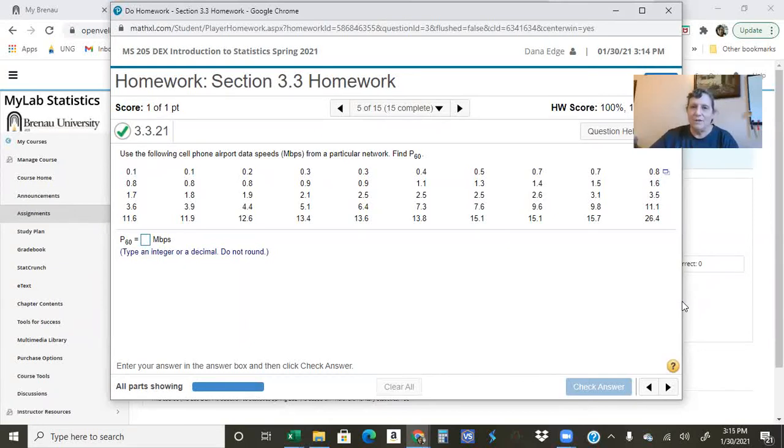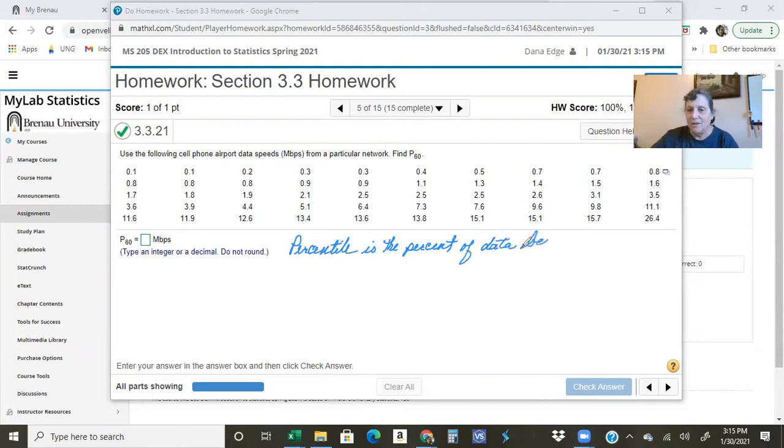When we talk about percentiles, remember that a percentile is the percent of data below a given score.